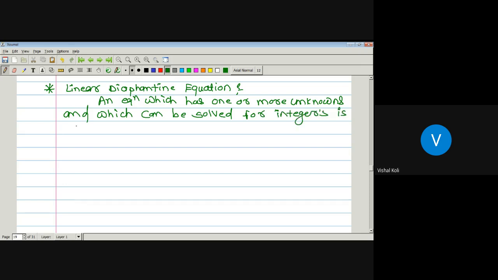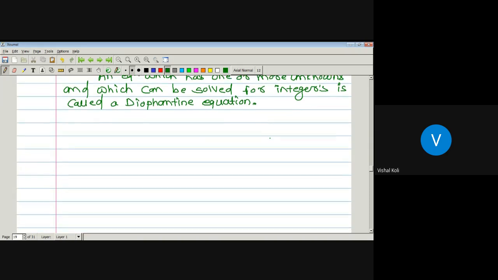So an equation which has one or more unknowns and whose solutions are integers is called a Diophantine equation.